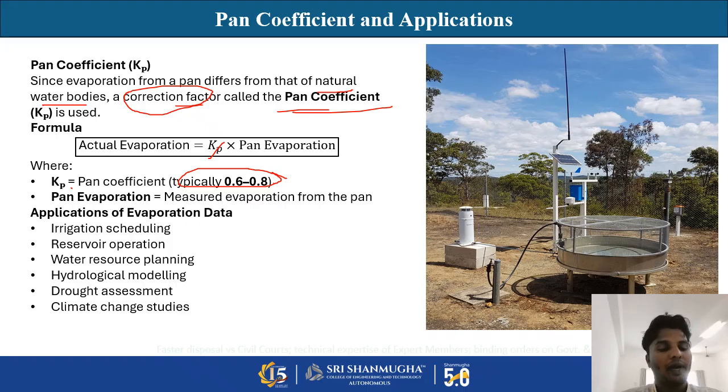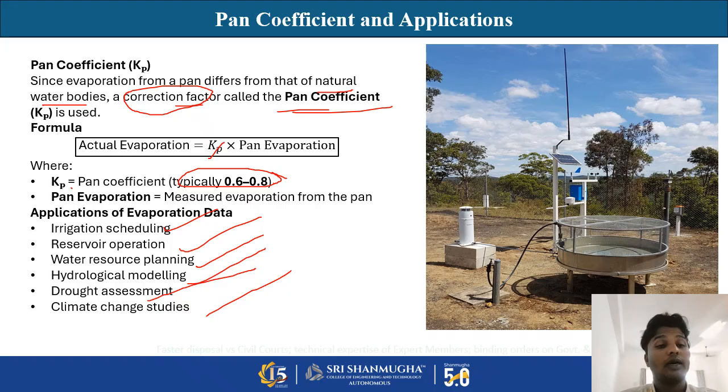The applications of evaporation data are irrigation scheduling, reservoir operation, water resource planning, hydrological modeling, drought assessment, and climate change studies. So for these purposes, we use the evaporation data.